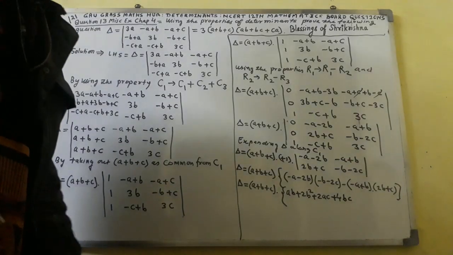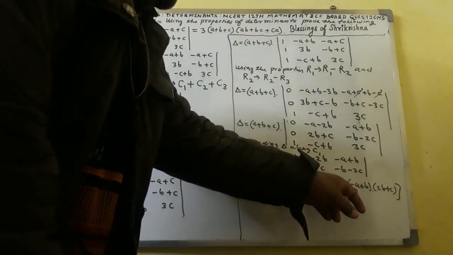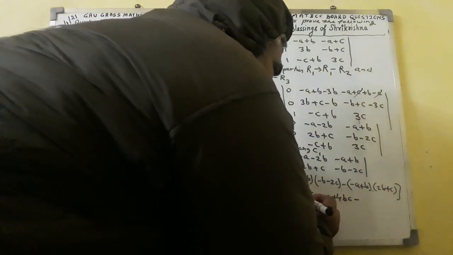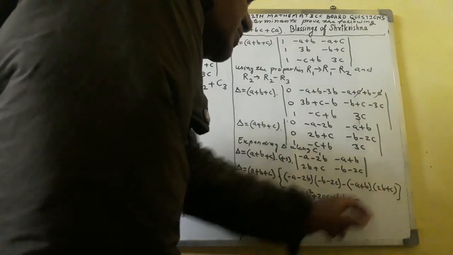And here minus, I shall write in bracket, minus A will multiply to plus 2B. You will get here minus 2AB. And here plus B will multiply to plus 2B. You will get here plus 2B square.